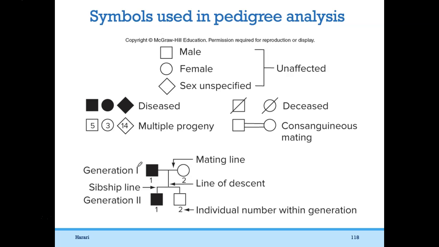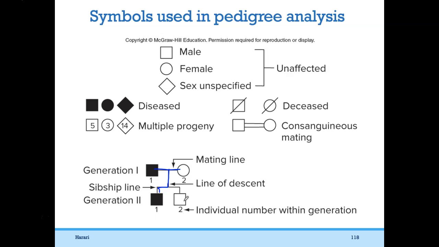What we see is there are Roman numerals that define each generation. So these are the parents. This is an affected father mating. This is a mating line, mating with an unaffected mother. This is the line of descent, meaning they have these two children. They have two boys, one that has the disease, one that does not.